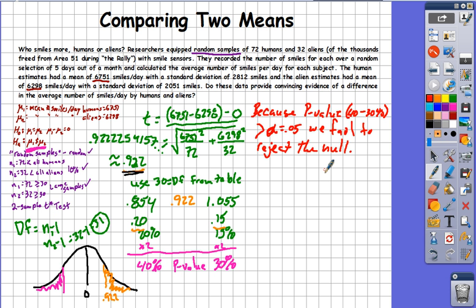Okay? We fail to reject the null. In other words, there's not convincing evidence that humans and aliens smile at different rates per day. Now, we've done a hypothesis test for it. Let's do a confidence interval for the same situation.